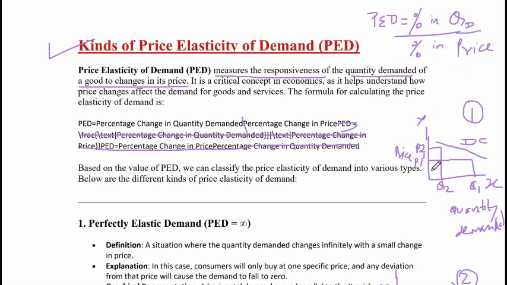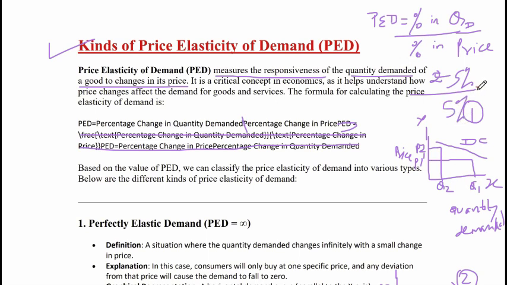Now, let's say the quantity demanded, you can see that it's a big gap. So let's say the percentage change here is 25%. From Q1 it has dropped to Q2, which means a 25% change has happened. But the price has changed by only 5%.